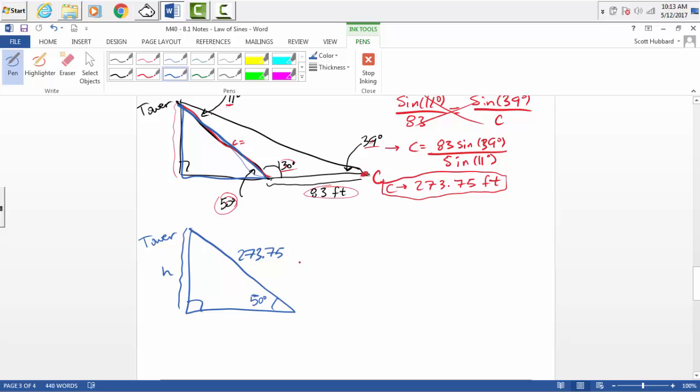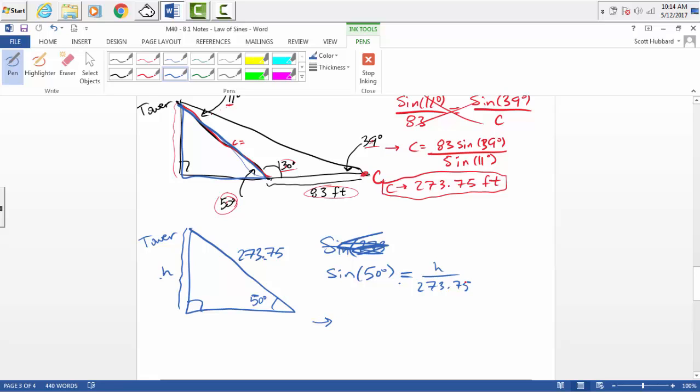So I'm thinking if I have an angle, I want the opposite, and I have the hypotenuse, that's sine. So sine of the angle, sine of 50, equals the opposite, h, over the hypotenuse, which is 273.75.